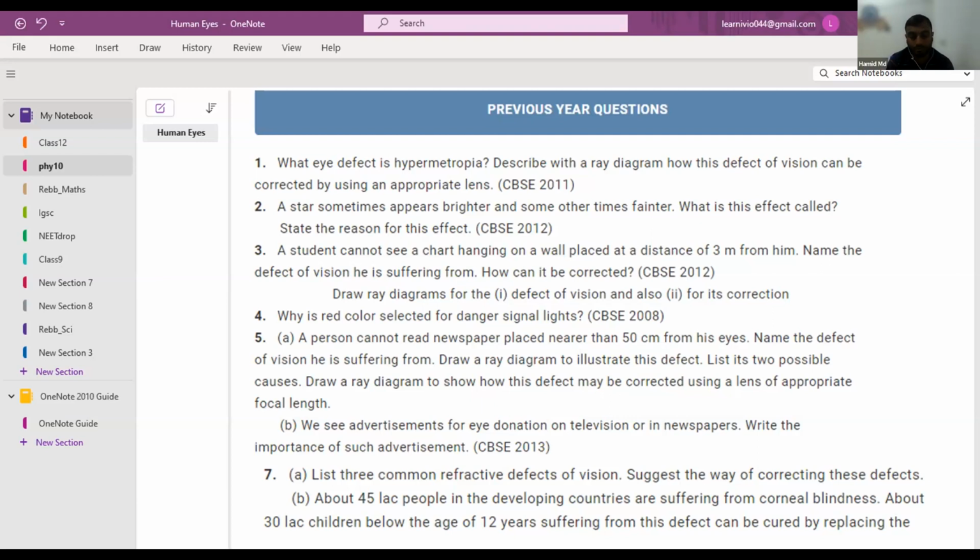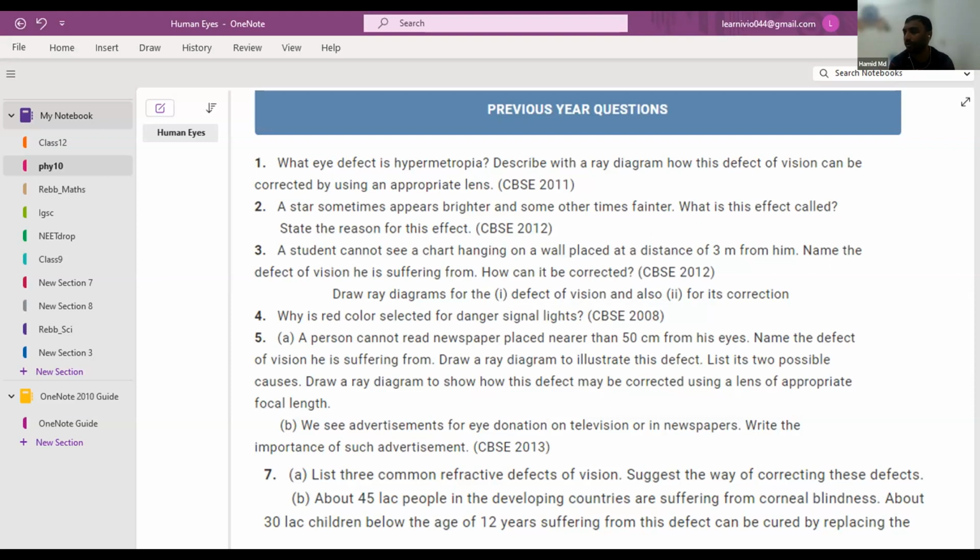So, where do the rays coming from the object meet? In hypermetropia, the image forms beyond the retina, making the vision blurred. With a convex lens, the image goes to the retina.